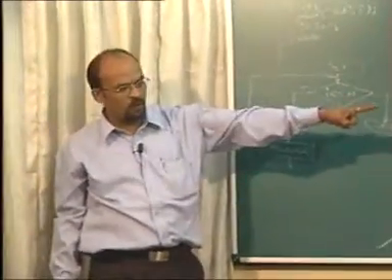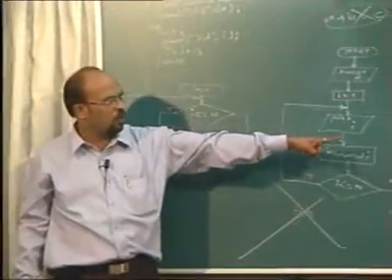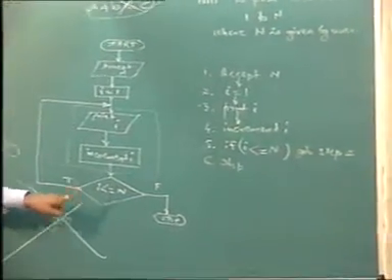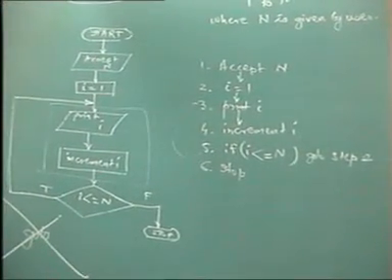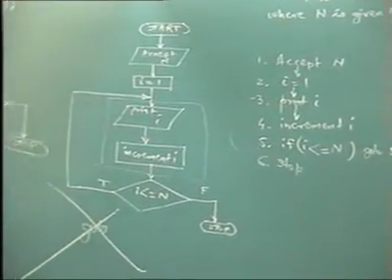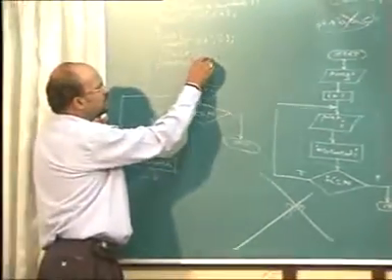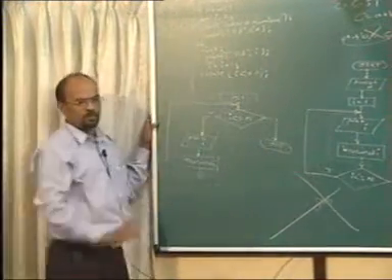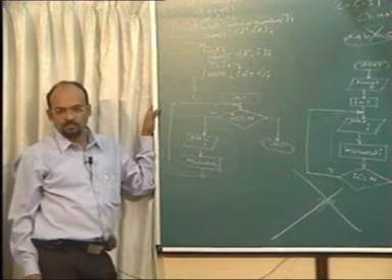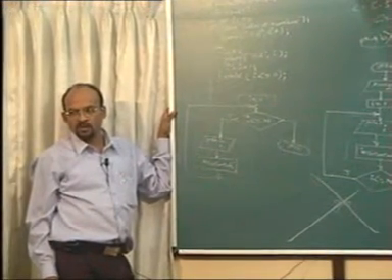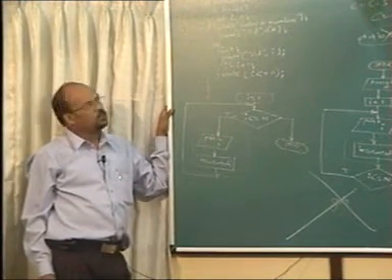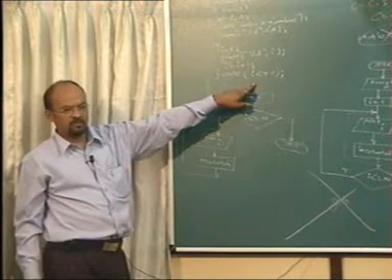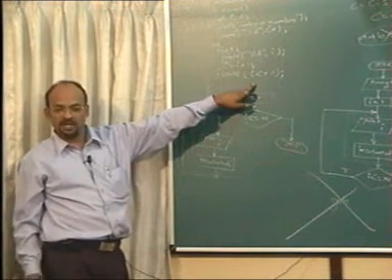Such an algorithm or flow chart, bottom checking, will straight away lead to do while. So keep on doing this till this condition is true. As long as the condition is true, go back.